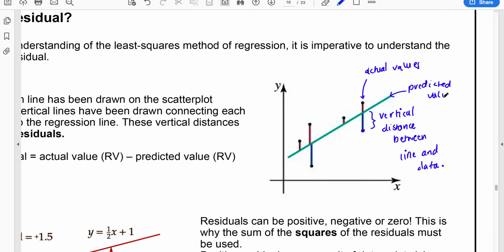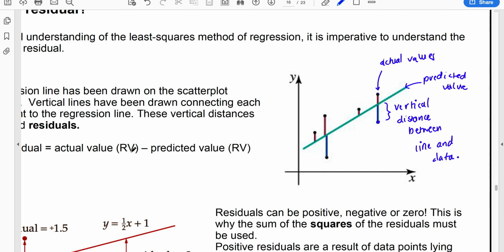So since it's a vertical distance that we're looking at, really what we can say is it's the actual RV value, so the actual value here for the RV, which is over on this axis, minus the predicted value, so minus what's on this line, whatever value is right here, for example, for this particular point. So I can describe it as a vertical distance, or I can describe it as the actual value minus the predicted value. That there is a residual.